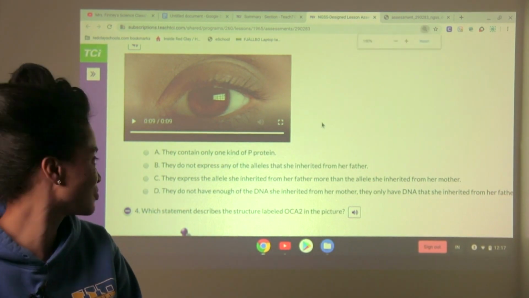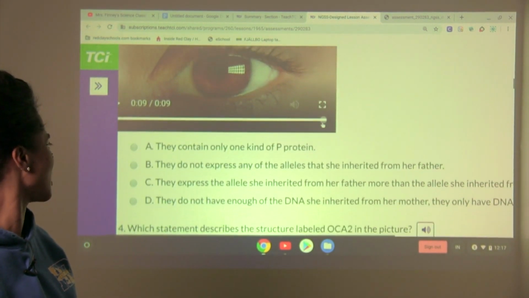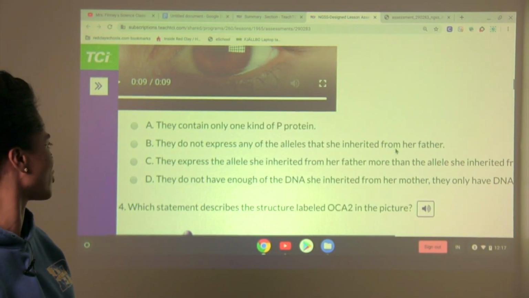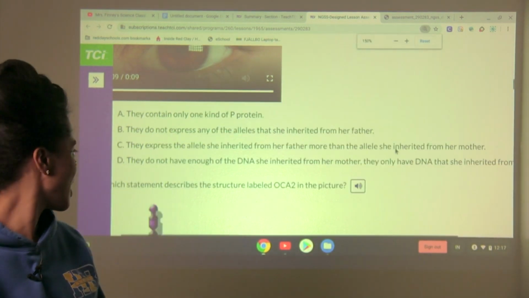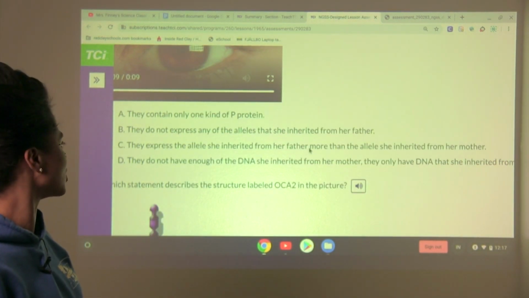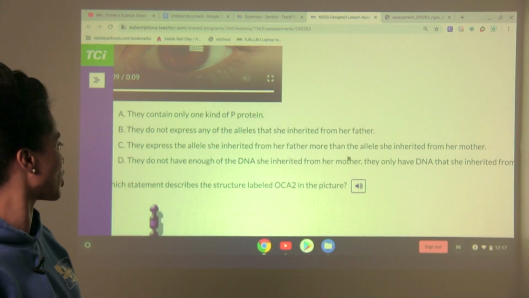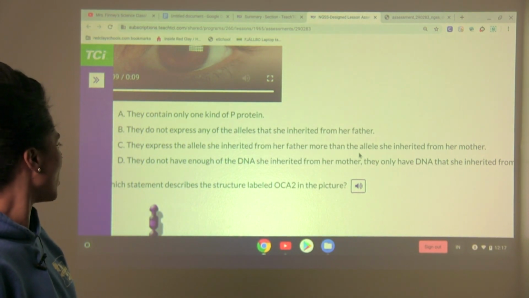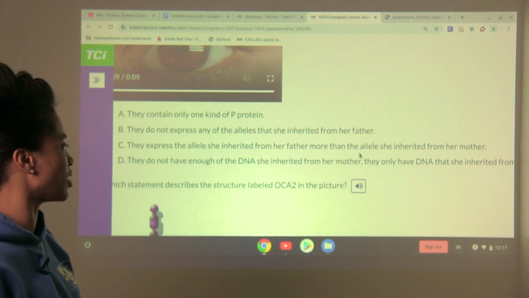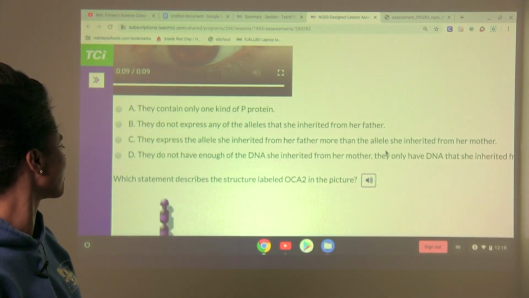B, they do not express any of the alleles that she inherited from her father. C, they express the alleles she inherited from her father more than the alleles she inherited from her mother. D, they do not have enough of the DNA she inherited from her mother. They only have DNA that she inherited from her father.